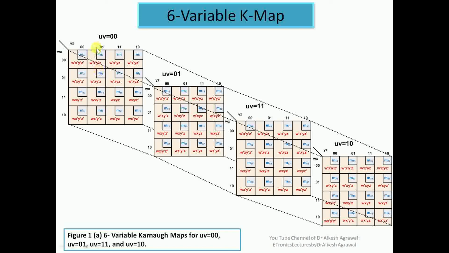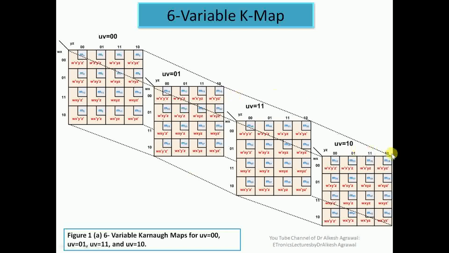Another important thing is, out of these four maps, 64 minterms are depicted. In the first K-map, the minterms are from M0 to M15, that is 16 minterms. In the second map for UV equal to 01, the first minterm is M16 and the last minterm is M31, again 16 minterms.